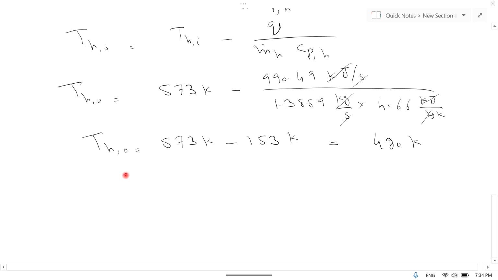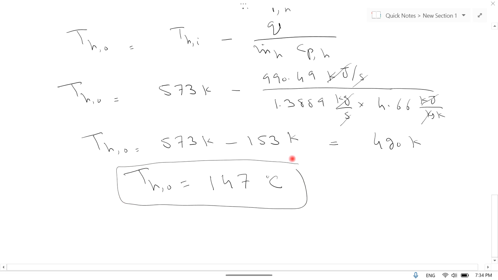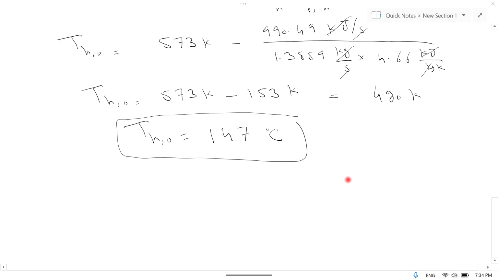Now subtract 273 from this to convert into degree centigrade, which is equal to 147 degrees centigrade. This is the temperature of hot water outlet. Now we find the log mean temperature difference for counterflow.